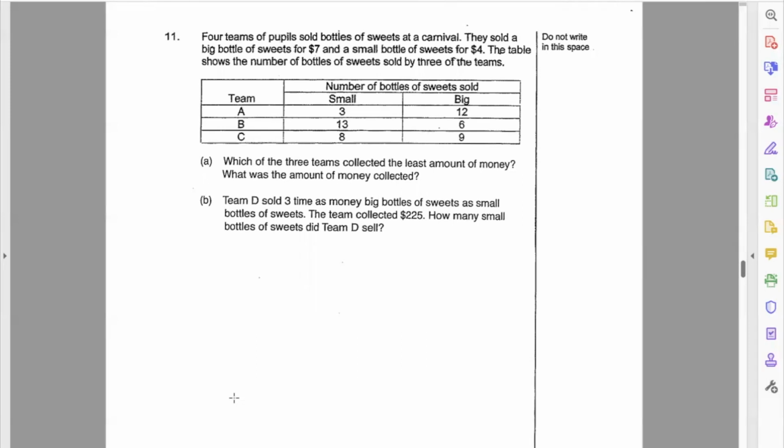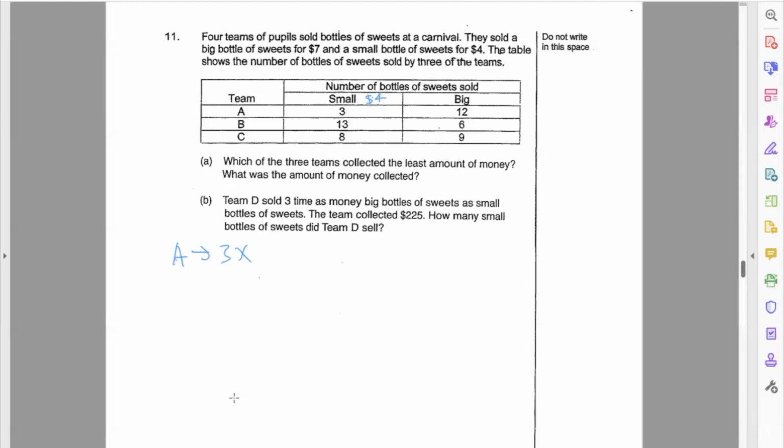What was the amount of money collected? So what you do is you literally need to calculate. Do not use visual to estimate which has the least or which has the most. So I will calculate one by one. Let's look at team A. Team A got three small, so 3 multiplied by the value of a small bottle, which is $4.